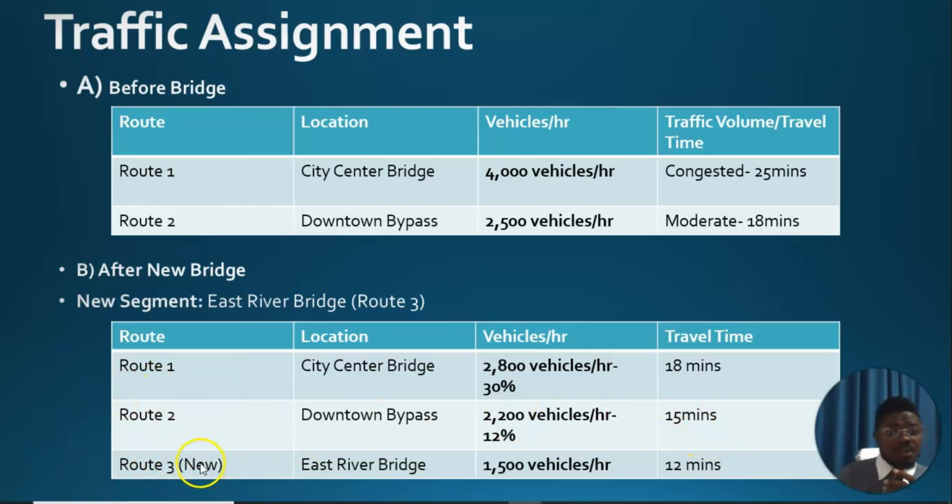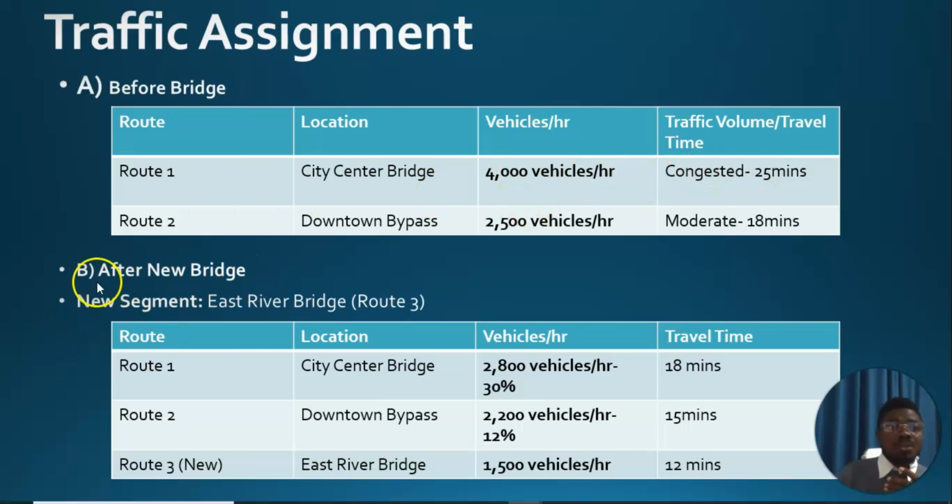Now for the new route, which is the East River Bridge, there will be a movement of around 1,500 vehicles per hour, and this will be within a space of 12 minutes. So we can see that it helps to decongest route one, majorly route one, which is usually congested and takes a lot of time, about 25 minutes.